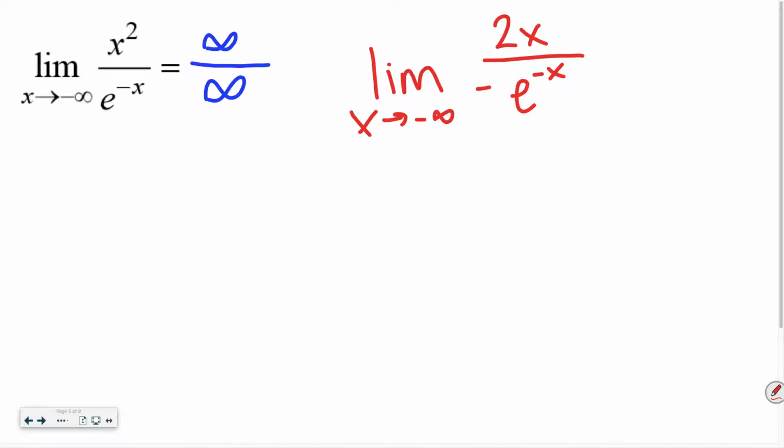So now what happens when we try to evaluate the limit? Let's see. Towards negative infinity, what's happening to 2x? What about negative e to the negative x? That's okay, because all that means is we have indeterminate form again, so we do it again.